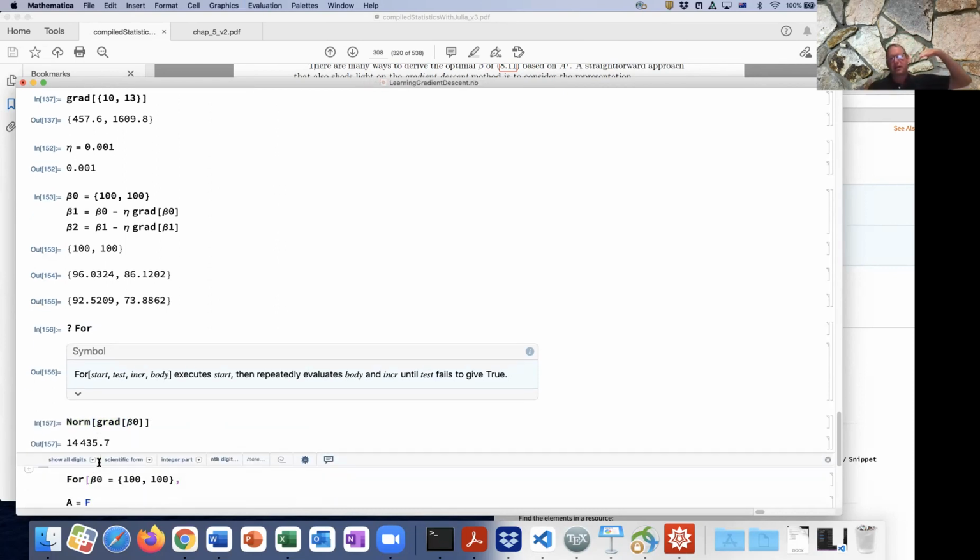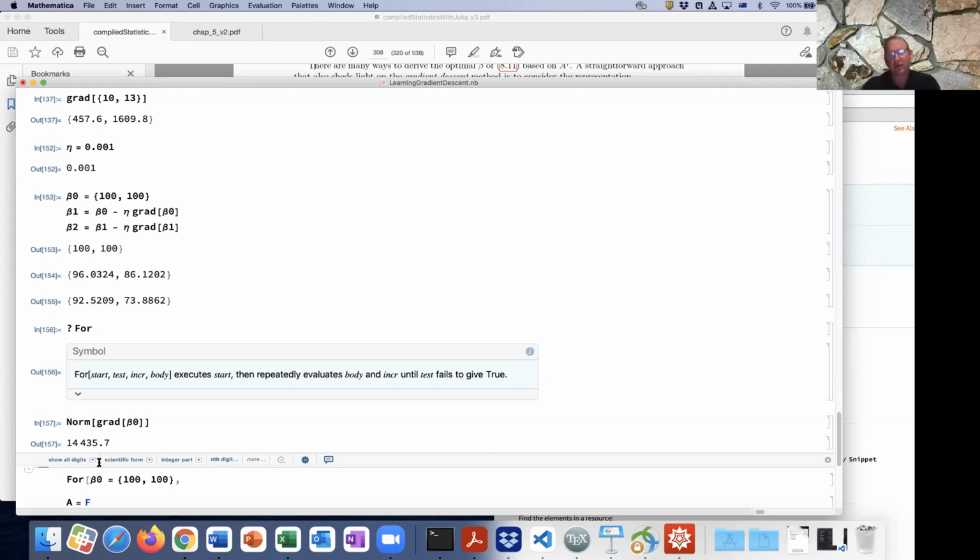It happens that when you get closer and closer to the local minimum, the norm of the gradient goes to 0. So at the local minimum, the gradient is 0.